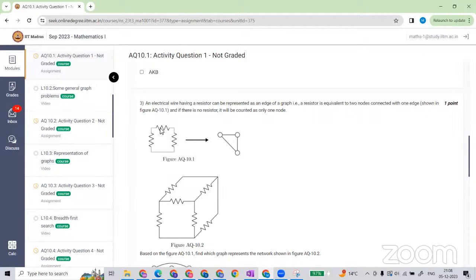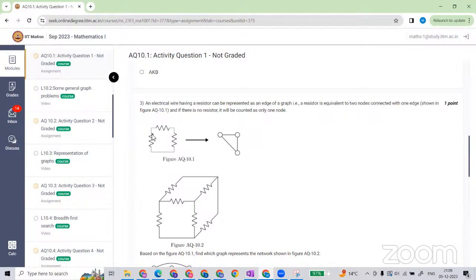The wires represent nodes and the resistance represents edges. A resistor is equivalent to two nodes connected with one edge, as shown in the figure. If there is no resistor, it will be counted as only one node.